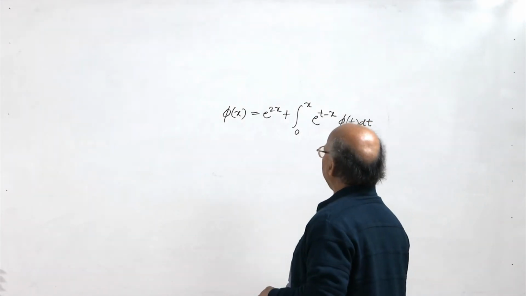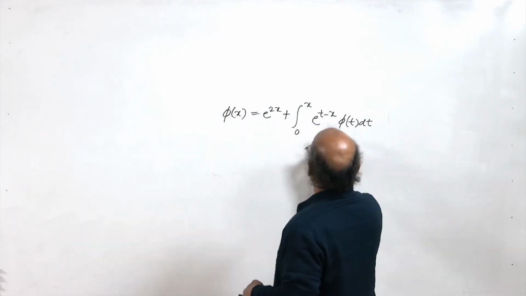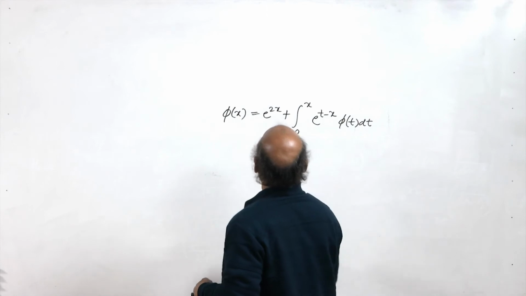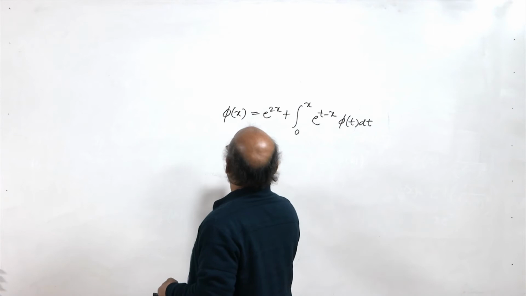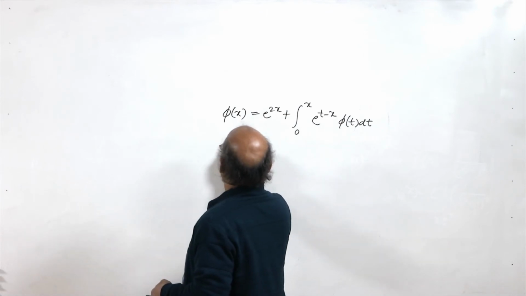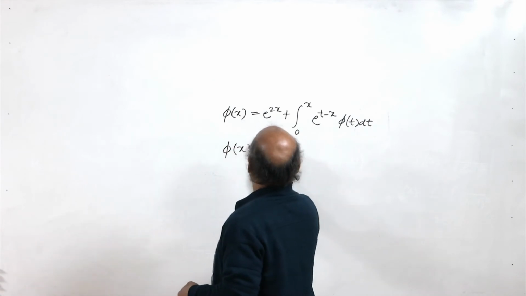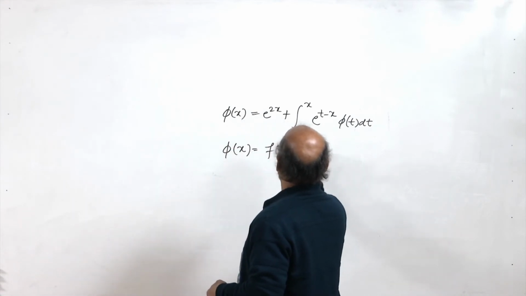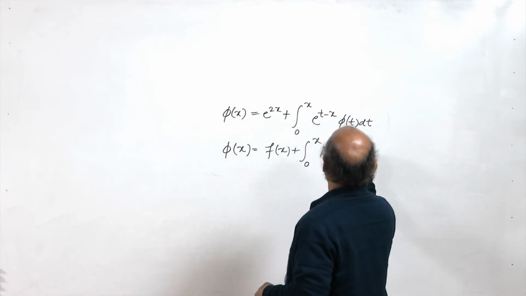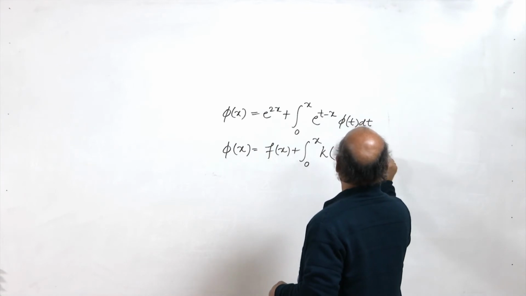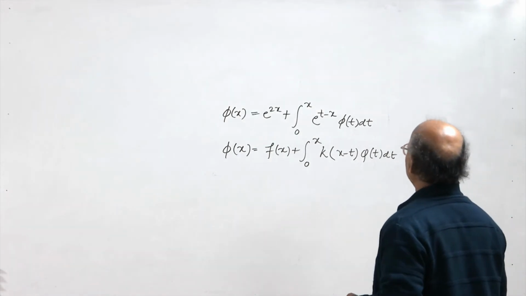We will be solving it by taking the Laplace transform of both sides, but let us notice that when we compare it with the standard Volterra integral equation of second kind with convolution type kernel, here we should be having phi x equal to f x plus integral 0 to x k (x minus t) phi t dt. So, instead of t minus x, we should be having x minus t.